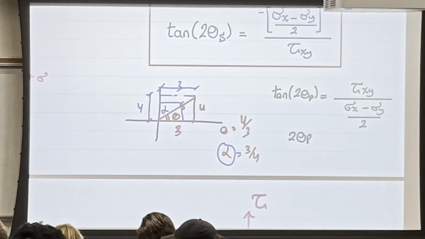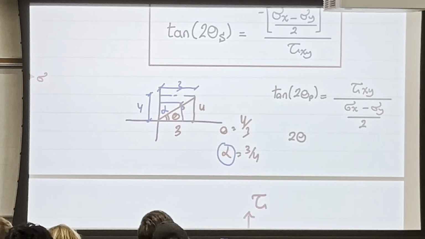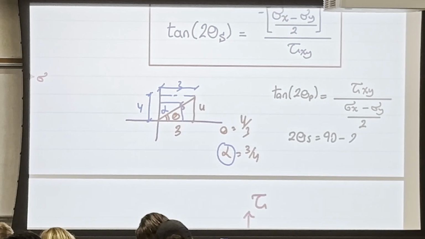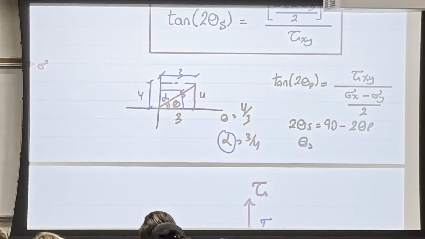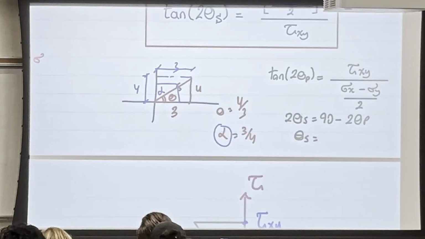But that is in the 2 theta form. 2 theta p, for example, if I want to find 2 theta s, I'm going to say 90 minus 2 theta p. But that's in terms of 2 theta. But what if I wanted to find the theta s? Now I'm dividing the whole equation by 2 to get rid of this 2.